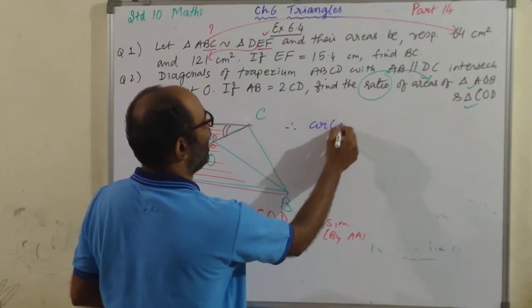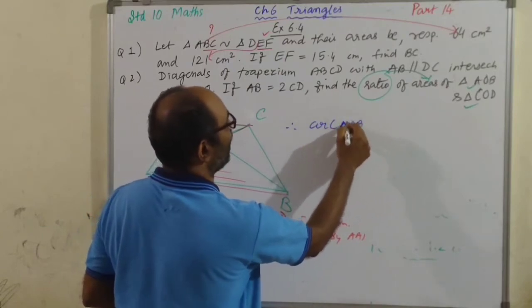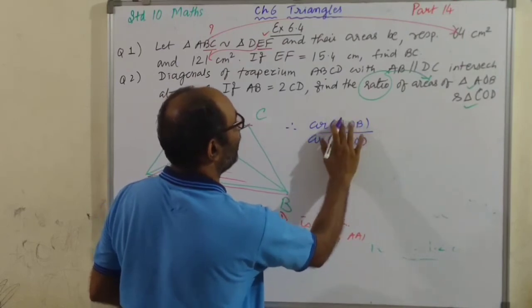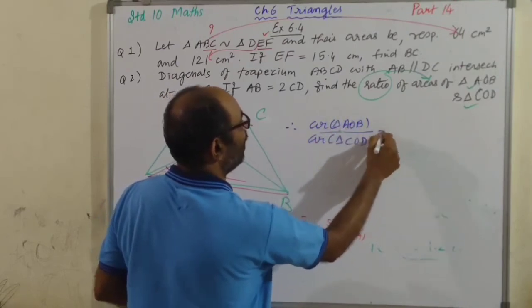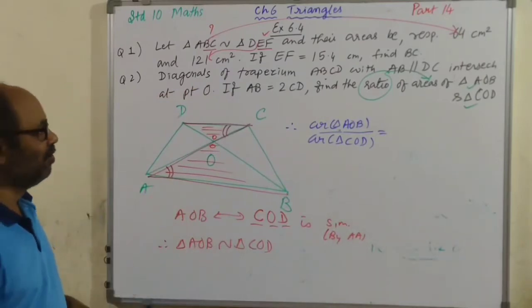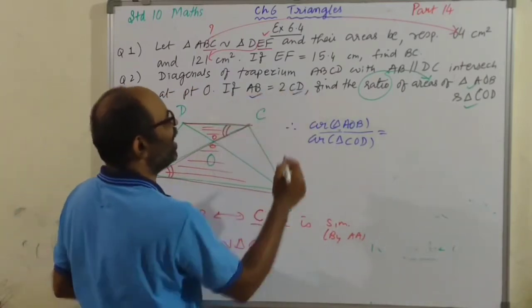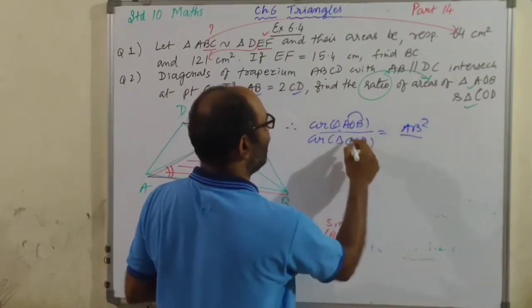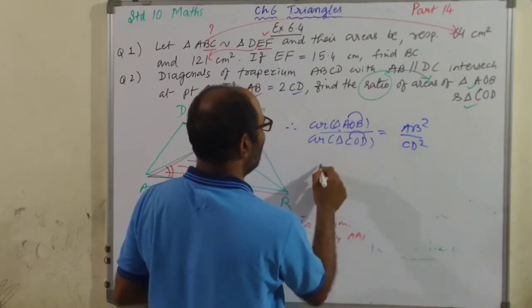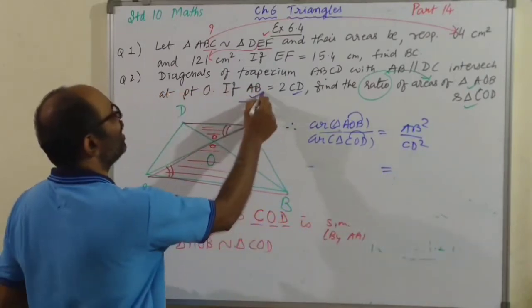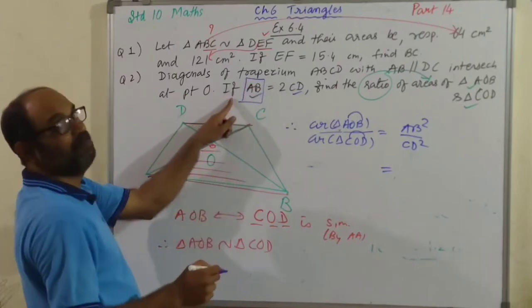Therefore जो पूछा है, area of triangle AOB upon area of triangle COD is equal to, children, तीन sides का square है, कौन सा लूं? AB, CD है ना, so I'm taking AB, so that is AB square, यहां से आएगा CD square. चलो, that is equal to, hey children, there is substitution for AB.